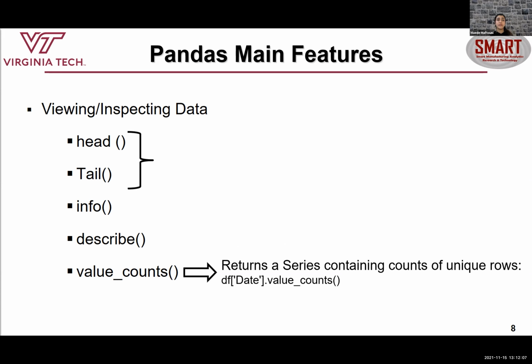And then value_counts is going to return a series of counts of the unique row values. So the general use is to specify a specific column, for example, date, and then see what the unique dates are inside of the data frame.